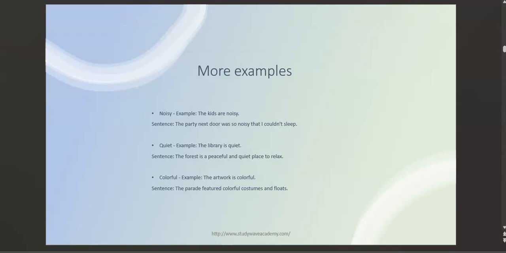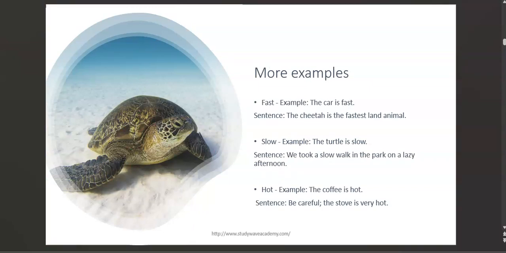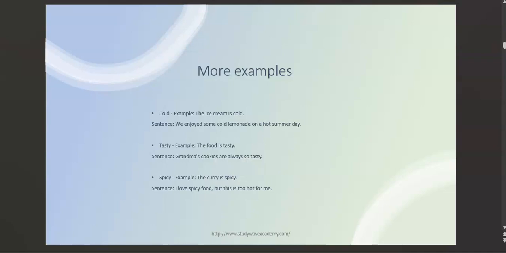So for example, in this class, out of all these examples I've given, from the examples of sad, beautiful, ugly, to fast, slow, hot, and moving on to cold, tasty, spicy, and further telling you more on noisy, quiet, colorful.